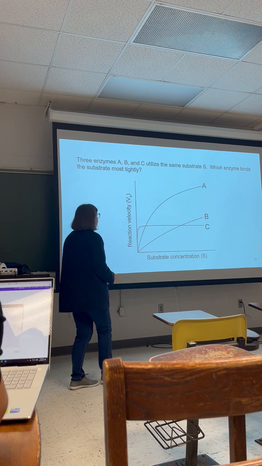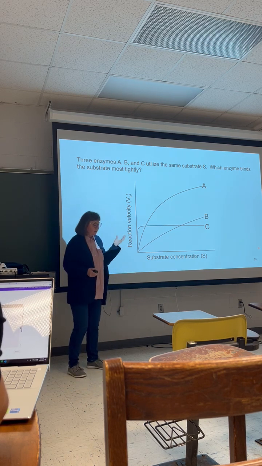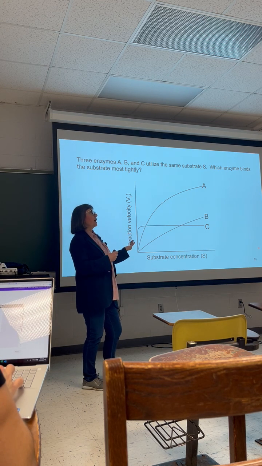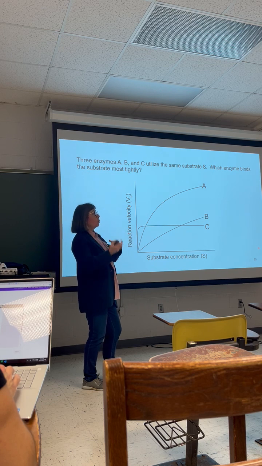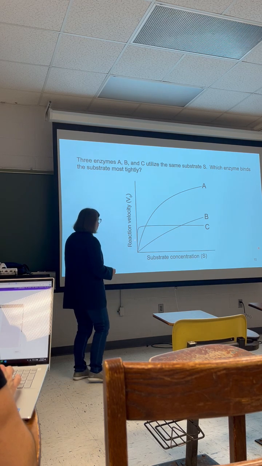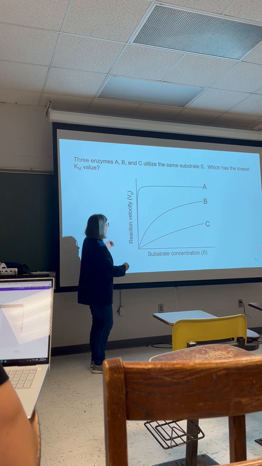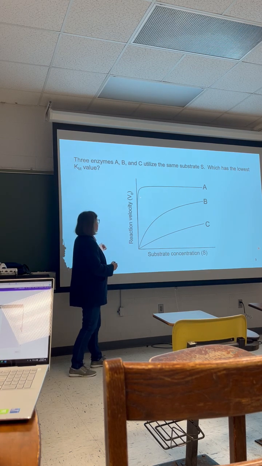C. If you have, and probably you have, issues with relating Km to strong, tight, or weak binding, what does it mean, low Km? Let's look at this one first.